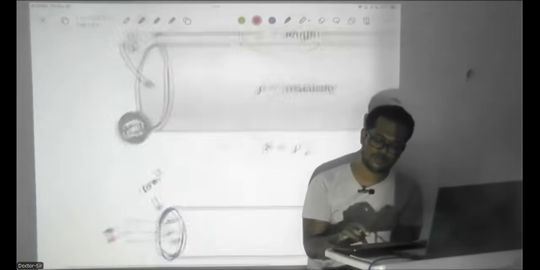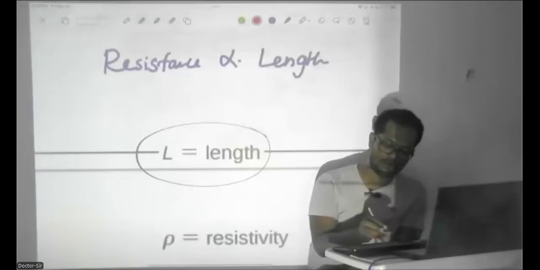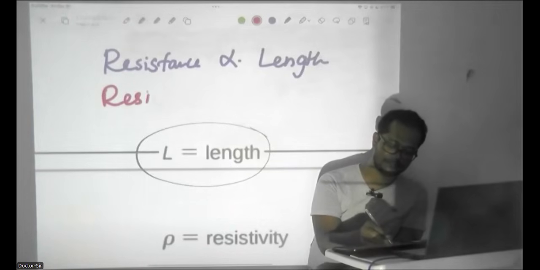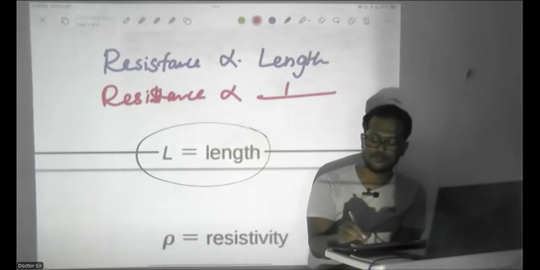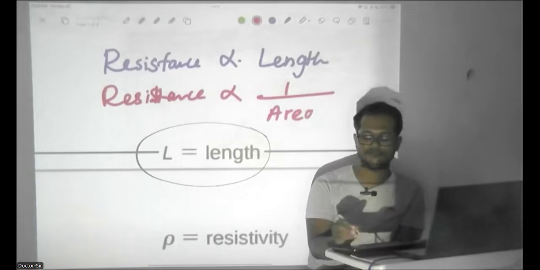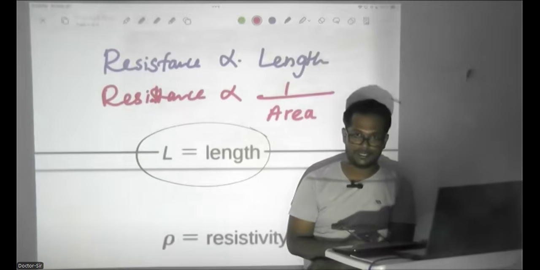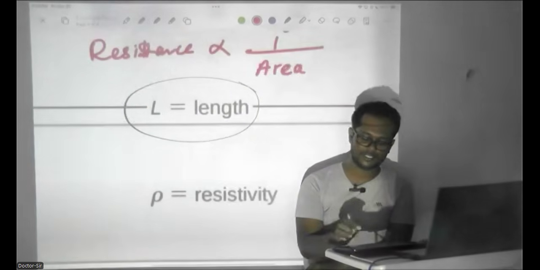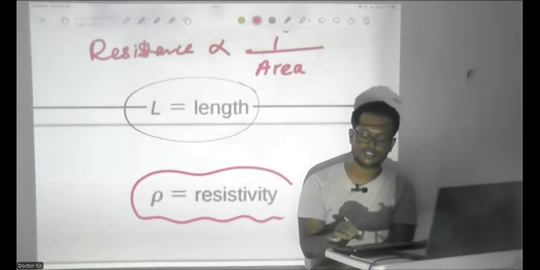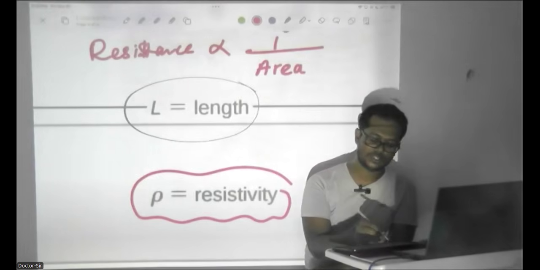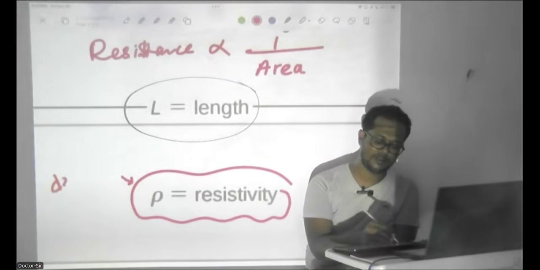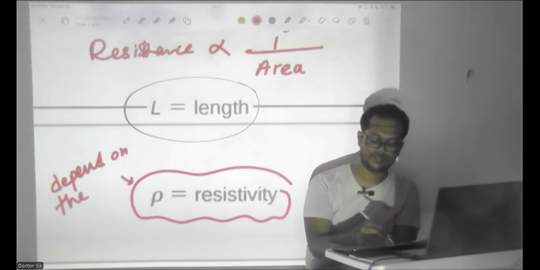Okay, right. So second concept, resistance is inversely proportional to the area. Another factor is there. What is the resistivity? This depends on the metal.